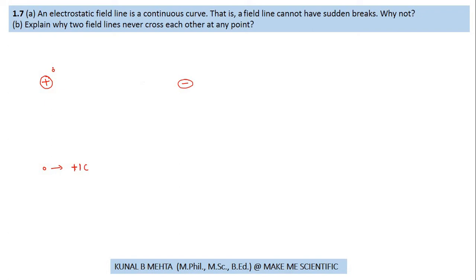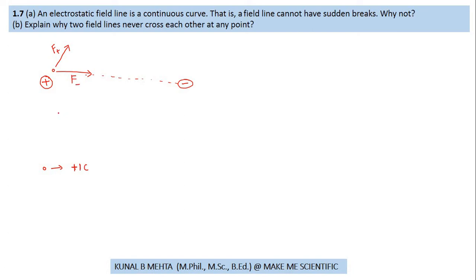Then this positive charge is going to repel the unit positive charge along this direction. So this is the force due to the positive charge. And this negative charge is going to attract the unit positive charge. We know that it's a central force, along the line joining the centers. So this is the force of attraction by the negative charge.